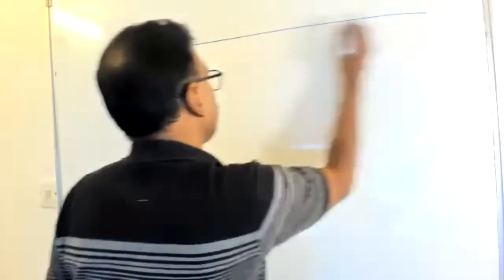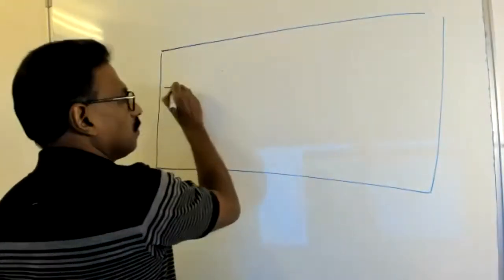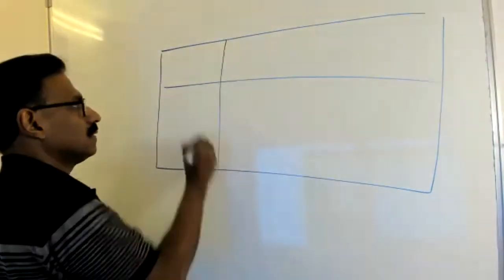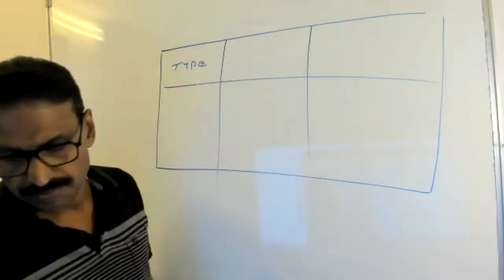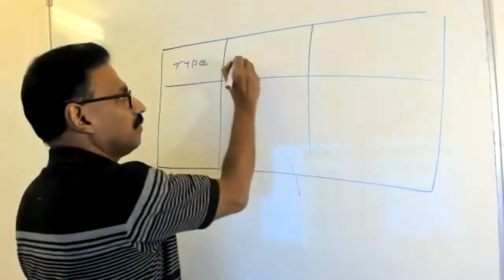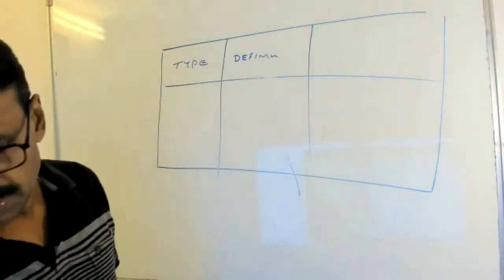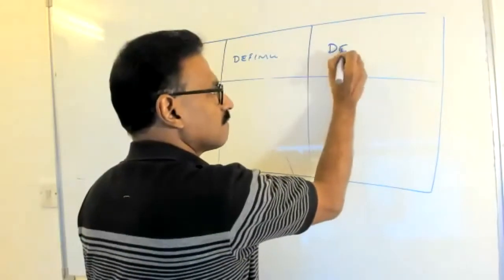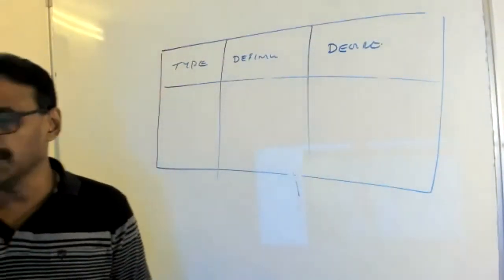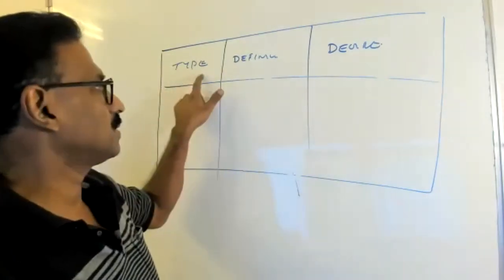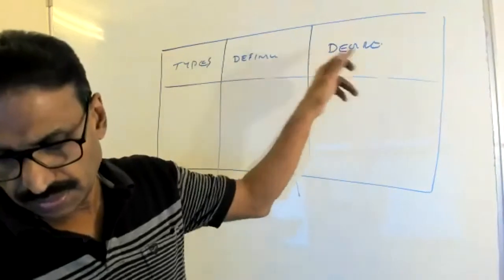Make columns like this: types, definition and degree.